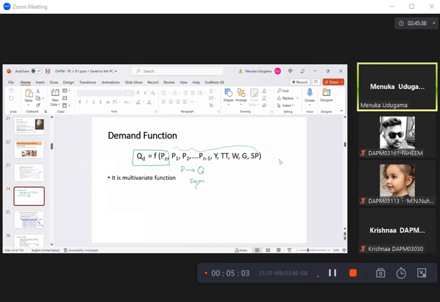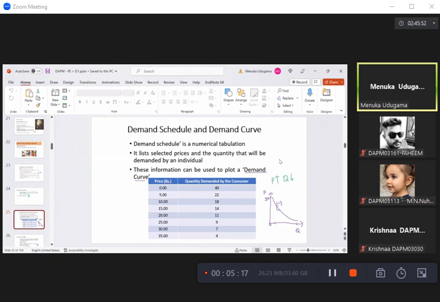It's a mathematical model: you collect data and estimate this function to understand the impact of the factors that affect demand and the magnitude, by how much, right?